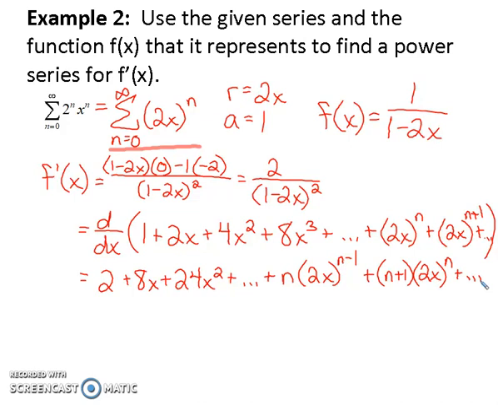Now, quite honestly, when they're asking you to find the power series for f prime of x, they usually are going to want the answer to be written in the same format as how the problem started. So our original function was written in that sigma notation, so we really should probably try to come up with sigma notation for my f prime of x.